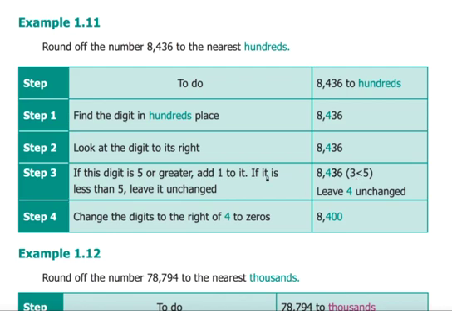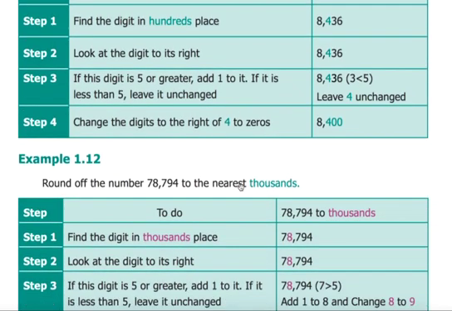If this digit is greater than 5, you have to add 1. This becomes 8,500. If it is less than 5, leave it unchanged.